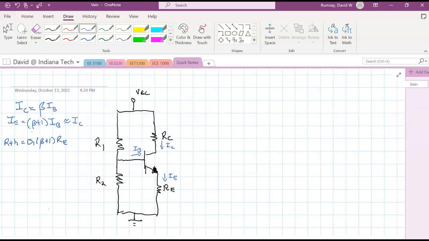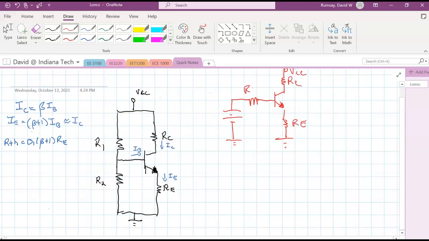Now, to remind you, you can draw an equivalent circuit for this, something that looks like this, where this is still RC, RE, and then this is R Thevenin, and this is V Thevenin.